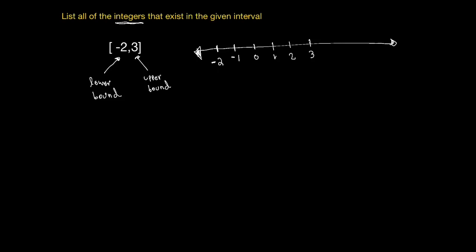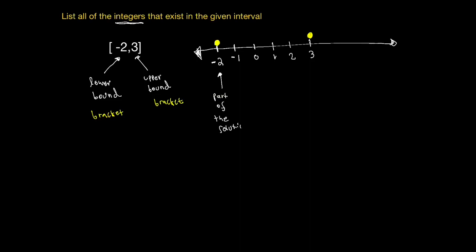The upper bound is basically our ending position. Now we notice that here we have a bracket, and here we have another bracket. So we have a closed circle on the left, and a closed circle on the right. That's useful for determining the solutions, because when you have a closed circle, that means that -2 is part of the solution.